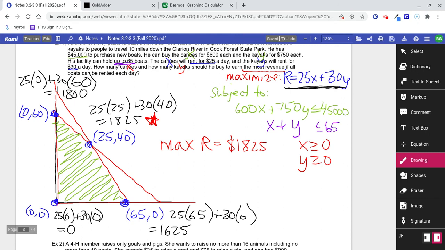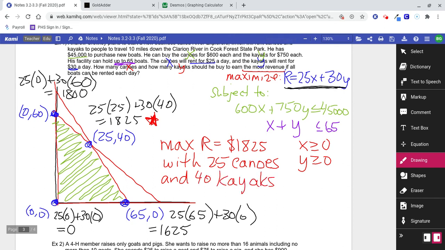You could say at 2540, but since this is a story problem and it's got context, I'd put the answer back in context. 25 what? What does x stand for? Canoes. And 40 what? 40 kayaks. When you've got context in the problem, it's a story problem, make sure you put context with your answer. Maximum revenue is $1,825 with 25 canoes and 40 kayaks.